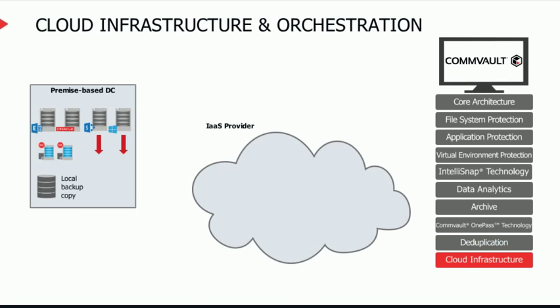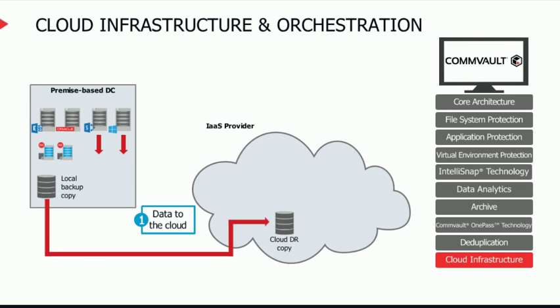To help reduce their CapEx costs and increase flexibility, this customer is embracing all things cloud. Firstly, they utilize CommVault's DASH Copy functionality to create a secondary copy by replicating the data over the network to an external cloud provider's storage solution.